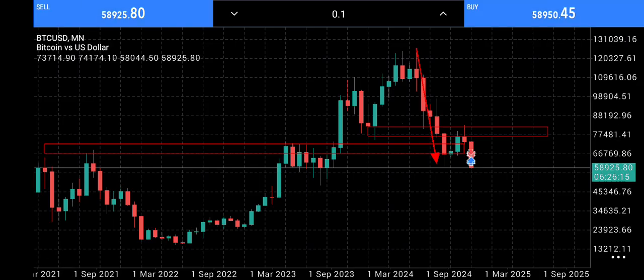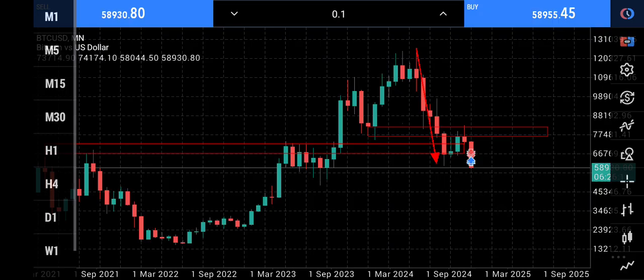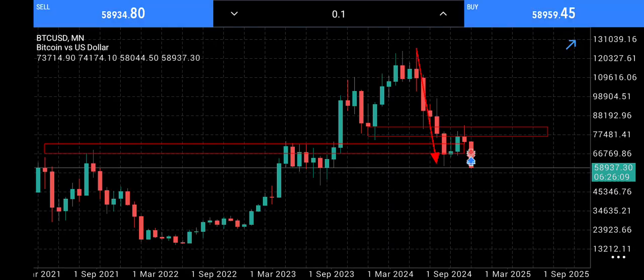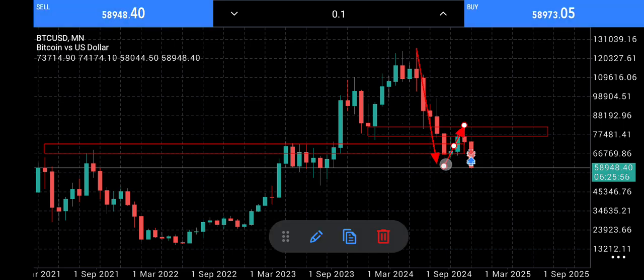These two green candles can at least give me a reason to identify this area as my support area. And if it is my support area, I need to see a pullback. So this is my pullback, right? My pullback has started from my support area.